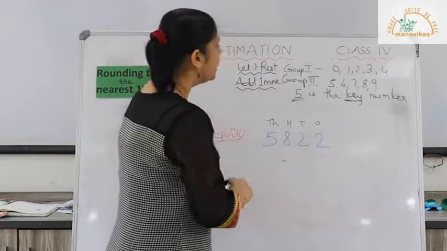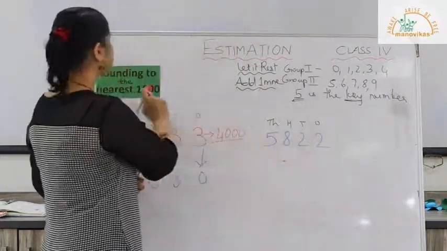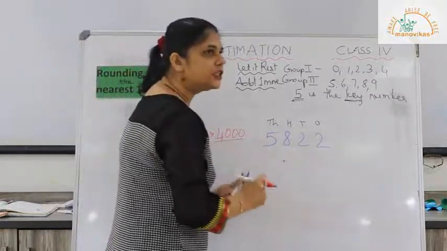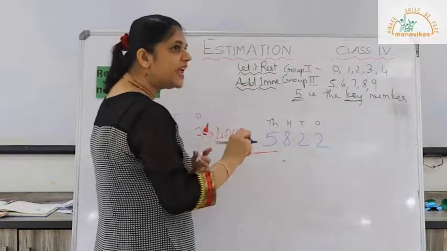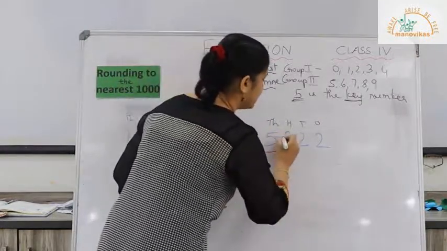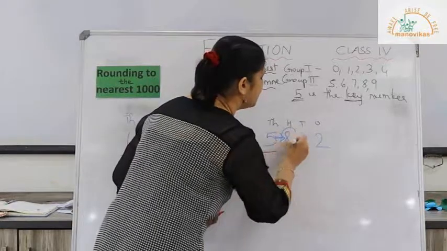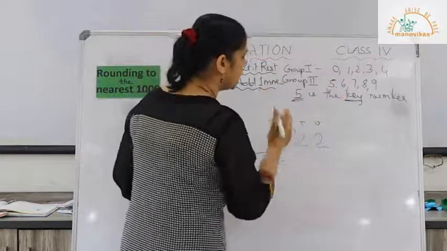Here again, we need to round up 5822 to its nearest 1000. So, which digit are we going to underline? 5. And which digit is going to tell us whether the thousands place will increase or not? Yes, you are correct. The digit in the hundreds place, that is 8. Now, 8 belongs to group 2, right?